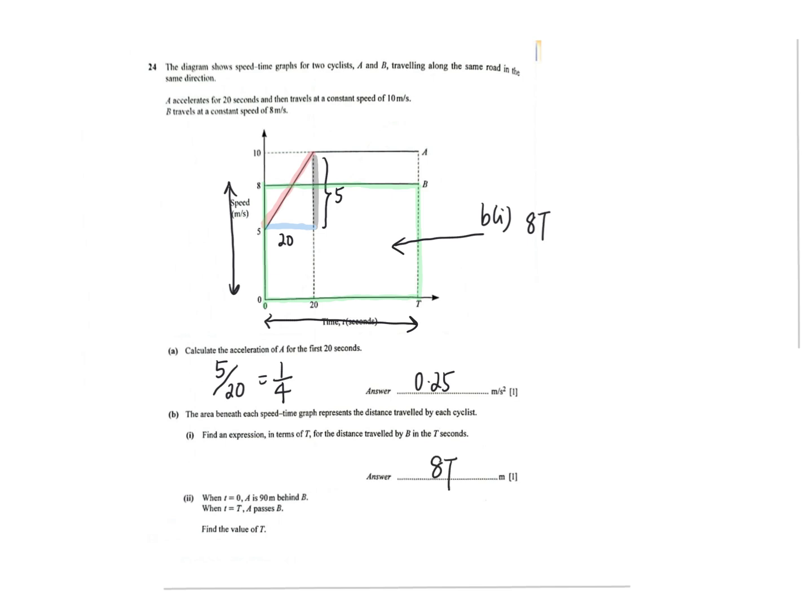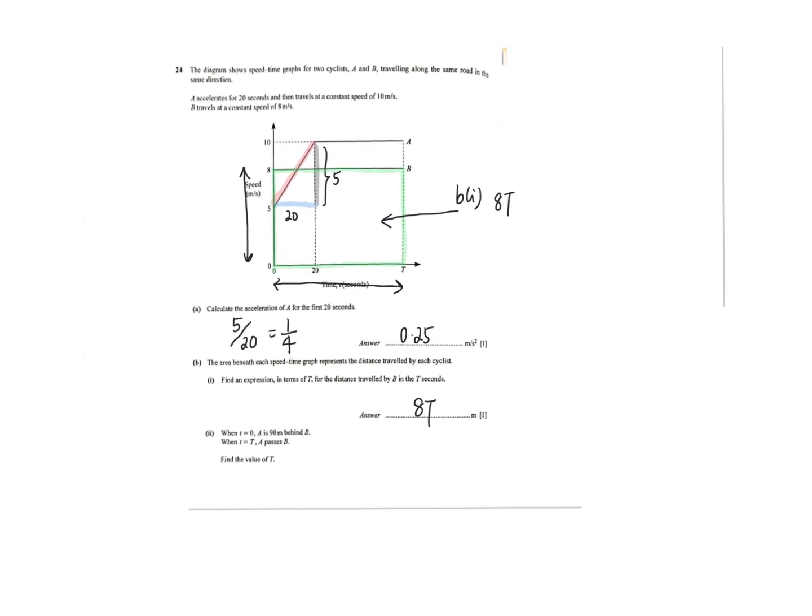Okay, then they say at time equals to 0, at the starting point, your A is already 90 meters behind. A is here. When time is 0, A is 90 meters behind B. And then at the end of time T, the two of them meet.